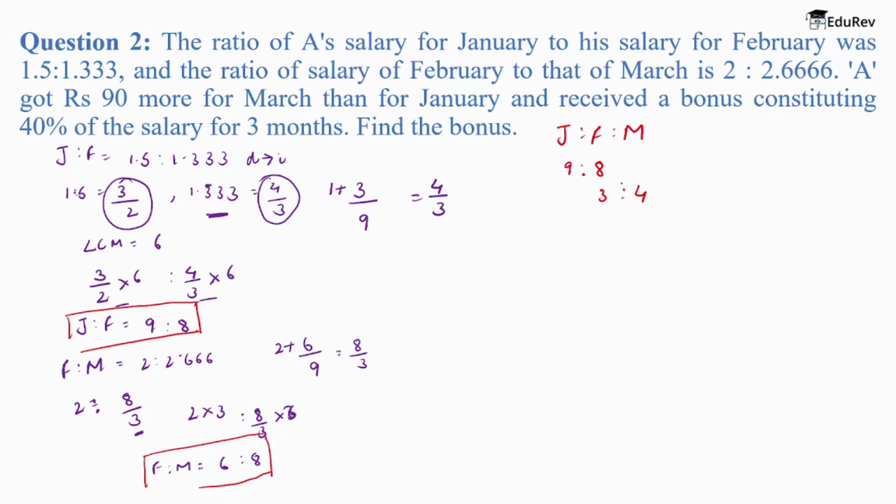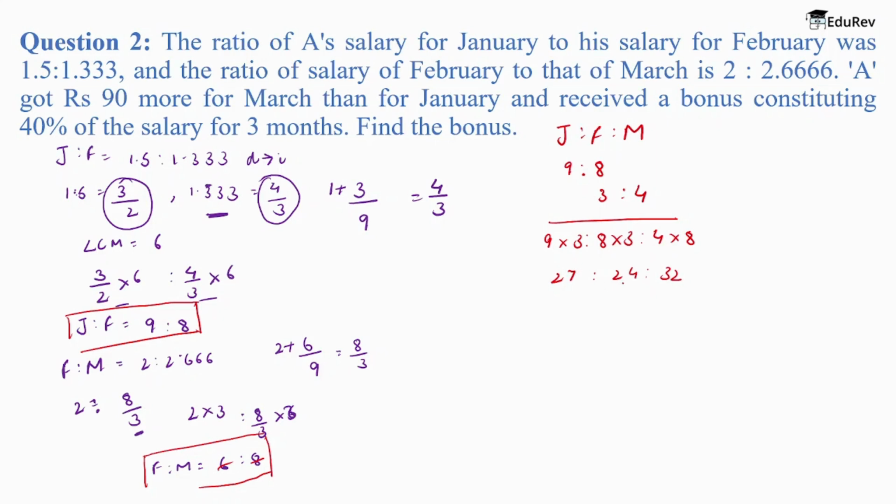How is this 3 is to 4? We have converted it into its simplest form, right? We know how to calculate this. 8 into 3, 4 into 8 and 9 into 3, right? So what will be the ratio here? 27 is to 24 is to 32.